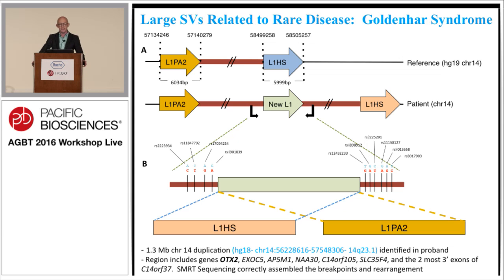So if you look at the proband, the biology has introduced the new LINE element that I blow out and then show on the flanks that you can see a known phenotype of SNPs that identify the correct placement of those reads, but you get this inverted duplication between the control events, which include genes like OTX2, which is a known driver functionally for Goldenhar syndrome, and Bryn and others have actually taken this into a zebrafish model and shown functionally what this does to the biology, and that'll be presented alongside the data.